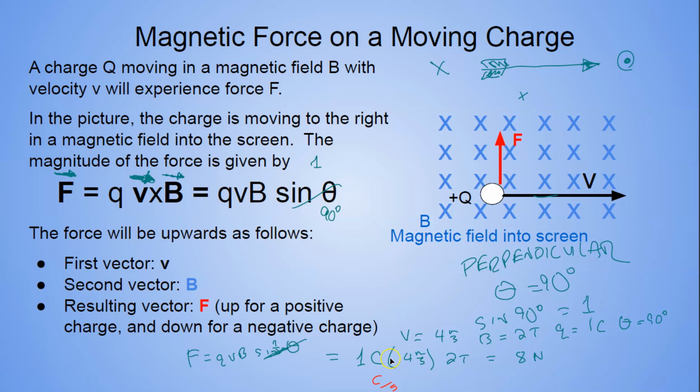So now I've got a coulomb per second, which would be this part right here and this part right there. And then I've got a meter and a Tesla. Instead of Tesla, I'm going to write Newton amp over meter. And you can see that the meter cancels right there.